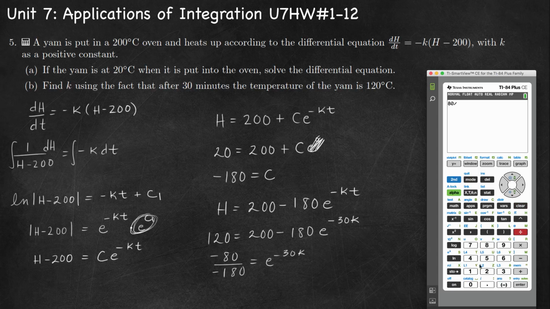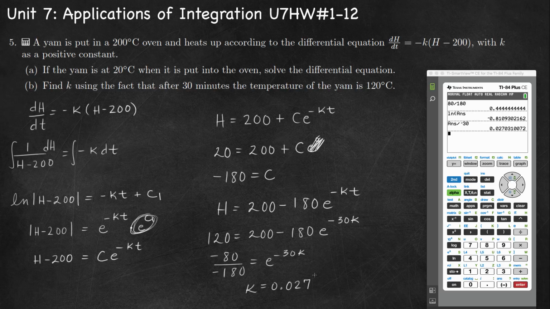So 80 divided by 180. Then we're going to take the natural log of both sides, and we're going to divide by negative 30. And we get k equals 0.027.